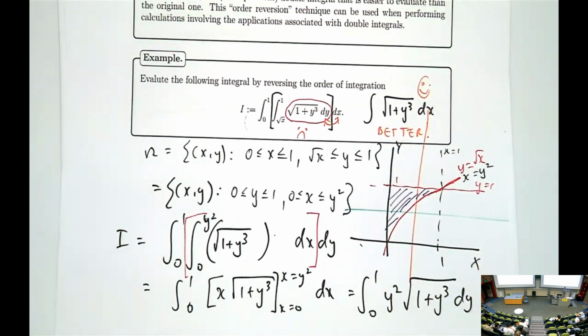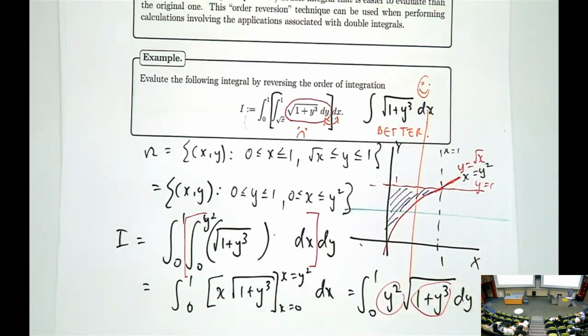And so now it is a single integral, and we've got to work that out. So what is the key here? You can do it by substitution, but it's even easier than that. If you look here and here, the y squared is the derivative, almost, of 1 plus y cubed, right? So what's going to happen to the square root? It's going to become 3 on 2, and you just got to massage it.